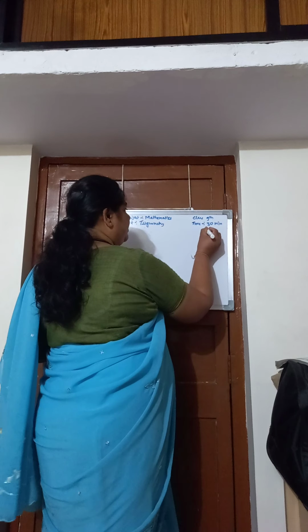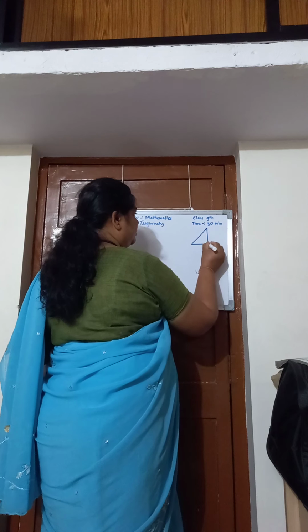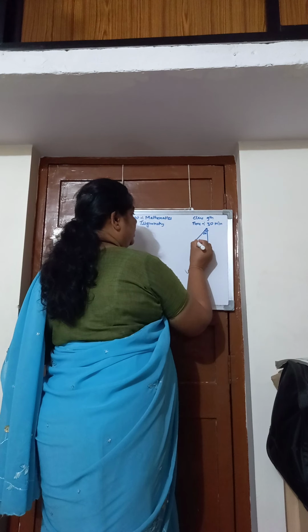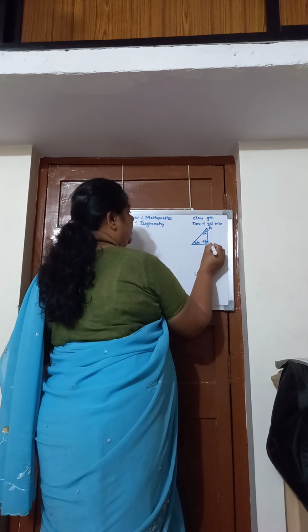Okay, considering here, this is 60 degree, this is 30 degree and this is 90 degree. This is triangle ABC.